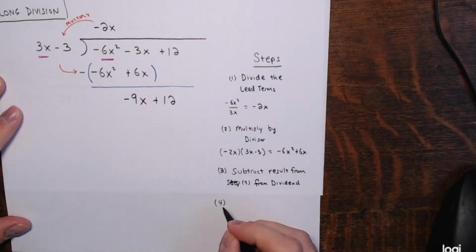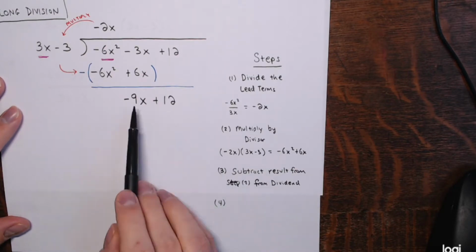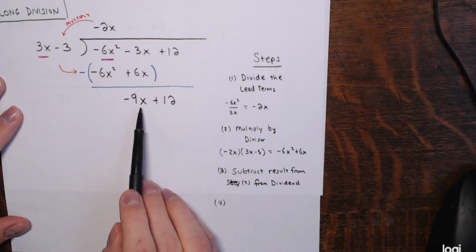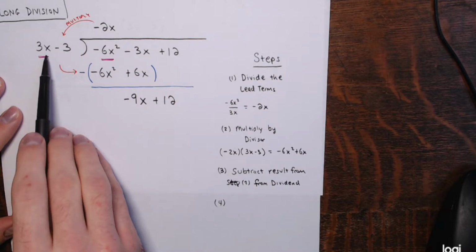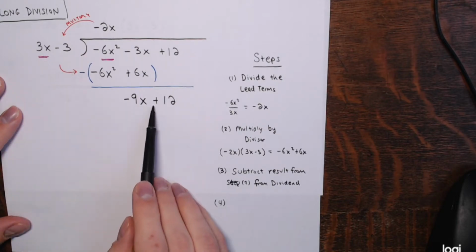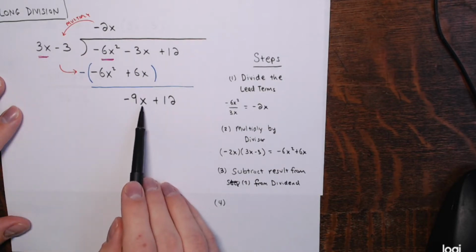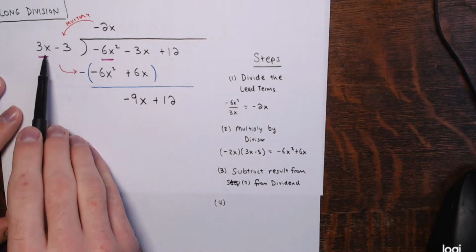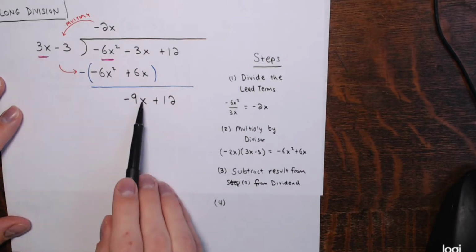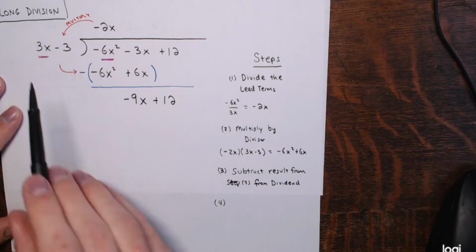And then the next, repeat steps 1 through 3 until the degree after subtraction is less than the degree of the divisor. See how this negative 9x plus 12, this is a degree 1 polynomial. The divisor is also a degree 1 polynomial, so this degree is not less than the degree of the divisor yet. So we keep going.